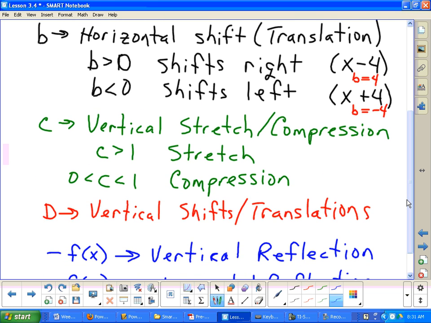C, vertical stretch or compression. If C is greater than 1, it's a stretch. If it's between 0 and 1, it's a compression. D is a vertical shift or translation. If D is positive, it goes up. If D is negative, it goes down.